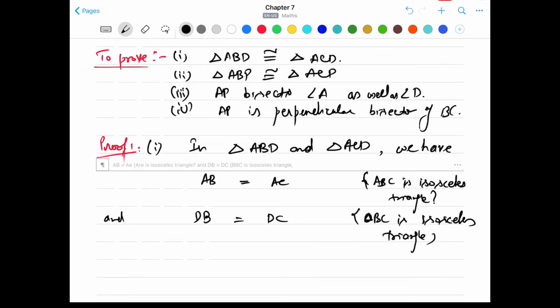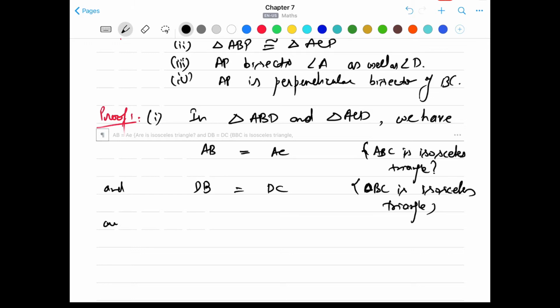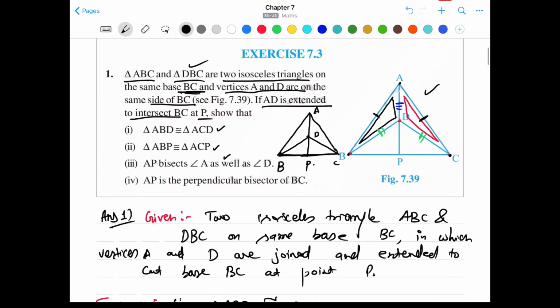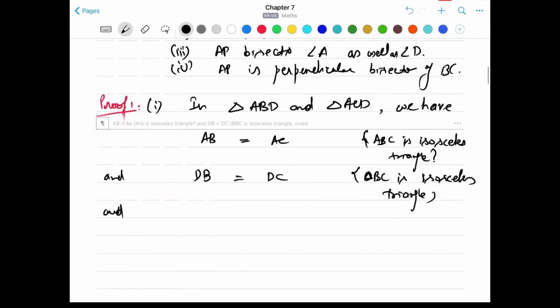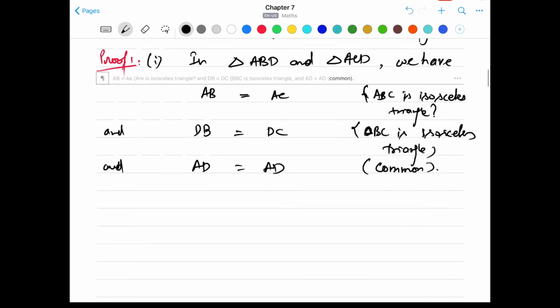So AB equals AC, DB equals DC, and the third side, AD, is common for both. So AD equals AD, and this is common for both triangles. Therefore, by side congruence rule, these two triangles are congruent.